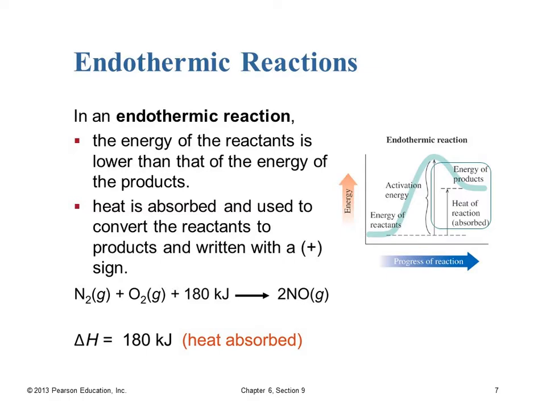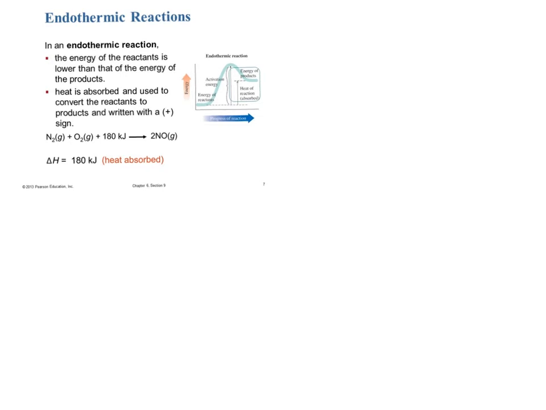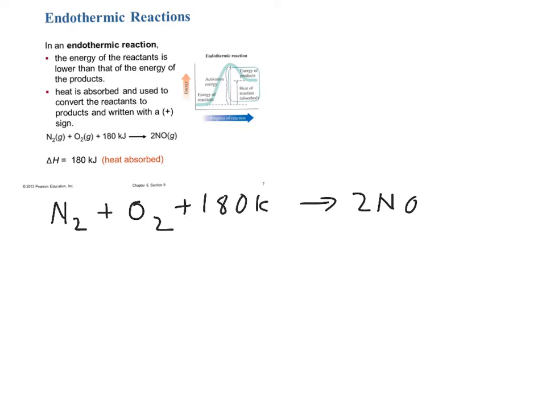So let's take a look. In this scenario, they're giving us the reaction of nitrogen and oxygen. In order to get them to form nitrogen monoxide, you have to add 180 kilojoules of energy.